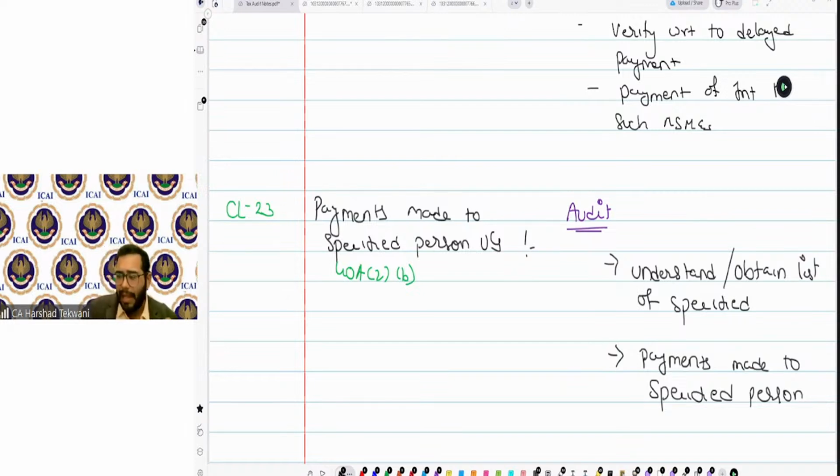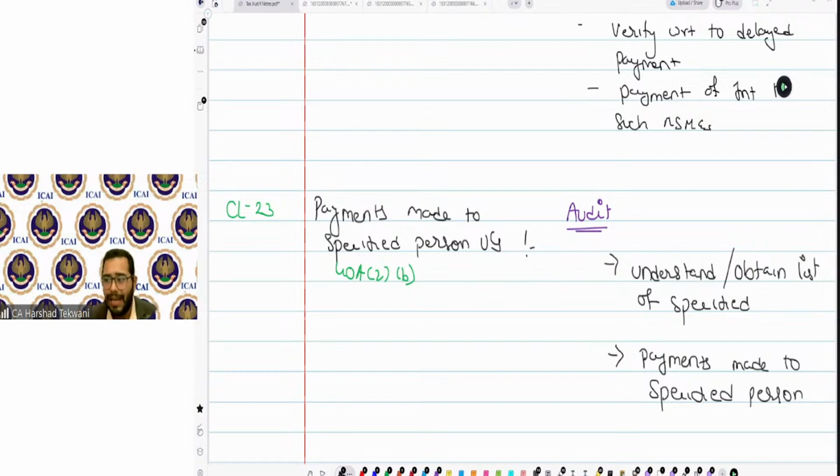One thing to understand here is that we are not reporting on the disallowance. We are just reporting the payments made to the persons covered under this particular section.